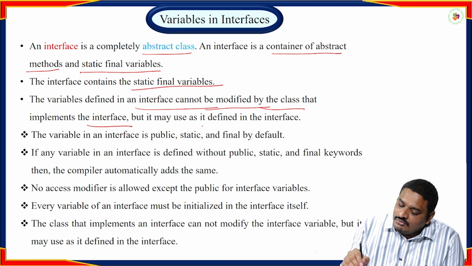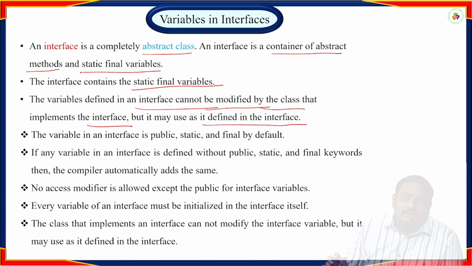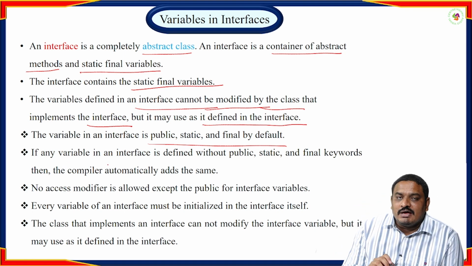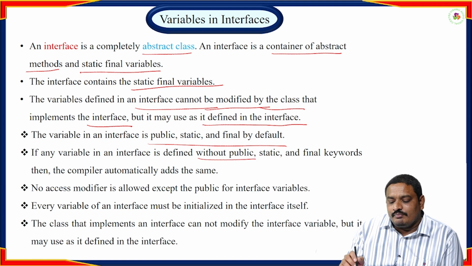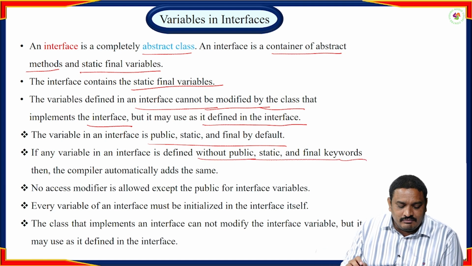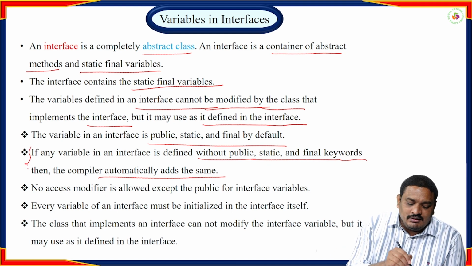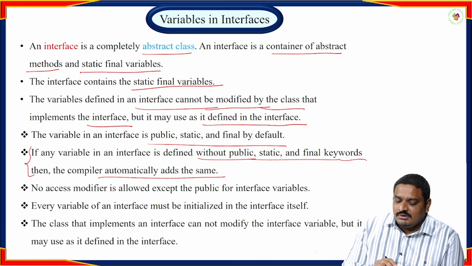See some important things. Here the variable in an interface has some keywords: public, static, final. Now, if any variable in the interface is defined without public, static, final keywords, the compiler will automatically convert it. This was already seen in the previous class.